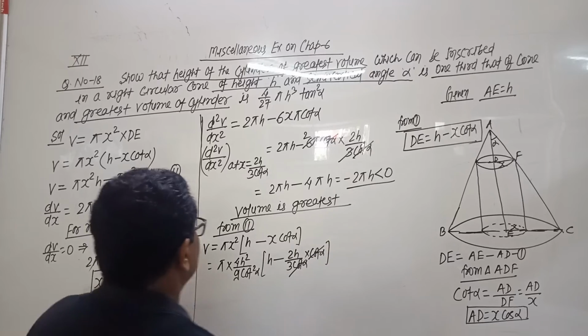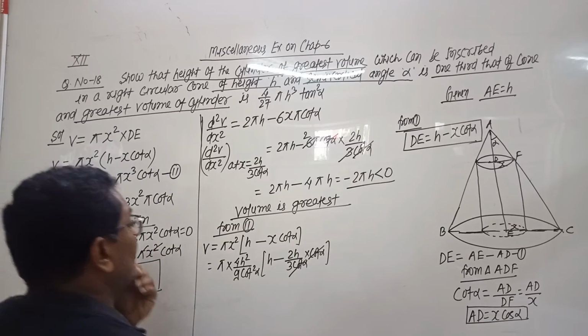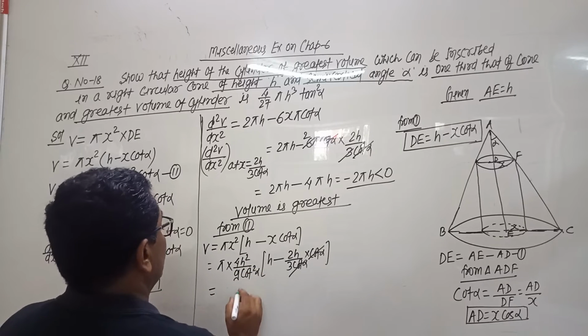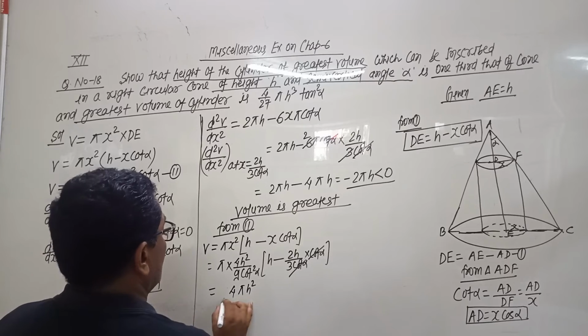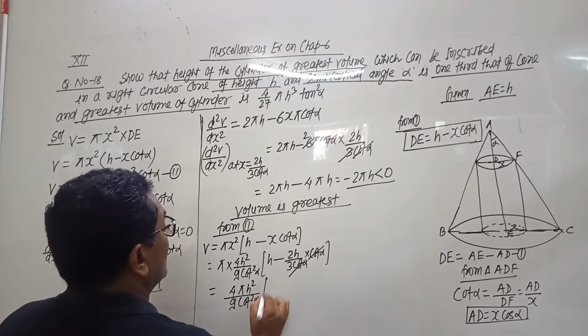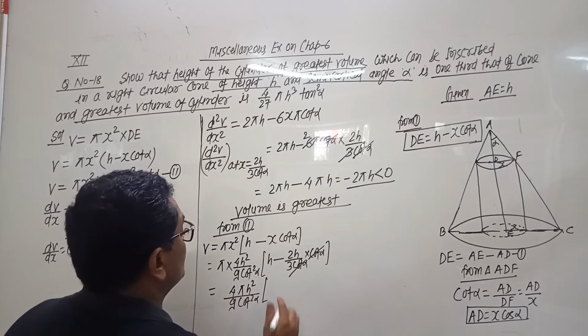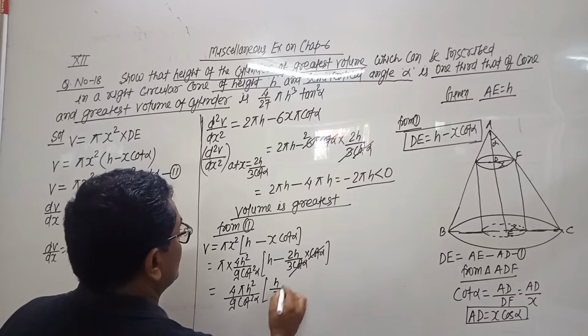Cot alpha cancelled and we get 4 pi h square upon 9 cot square alpha, and by taking LCM, 3h minus 2h we get h by 3.